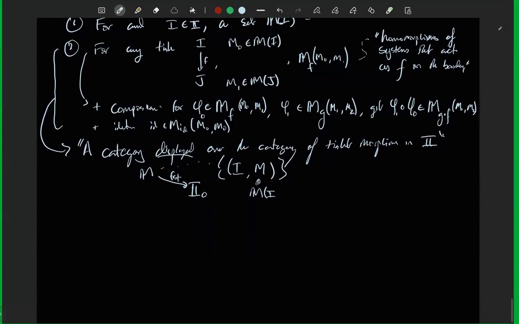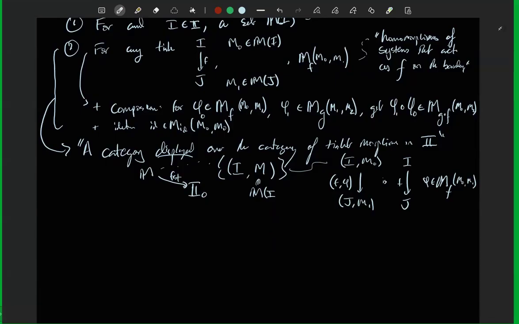Okay, so in this case, this thing here is going to get a name. Just to be clear, we have I, M naught, and then a map here is a pair of F from I to J, and phi in M over F of M naught, M1. And that forms a category.